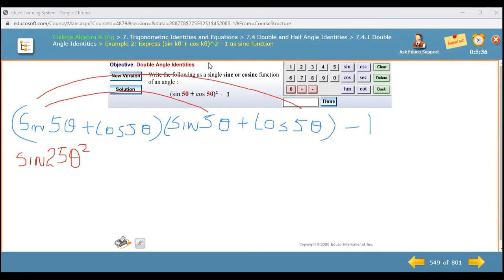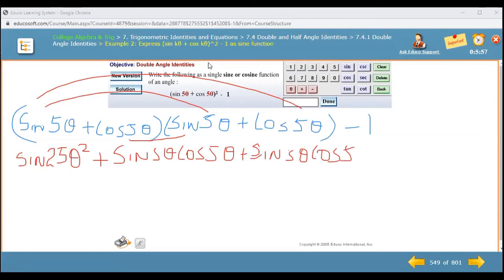Outer ones multiply. They give you plus sine 5 theta cosine 5 theta. Inner ones they multiply to give me plus sine 5 theta cosine 5 theta, and the last ones they multiply to give me plus cosine squared 5 theta.